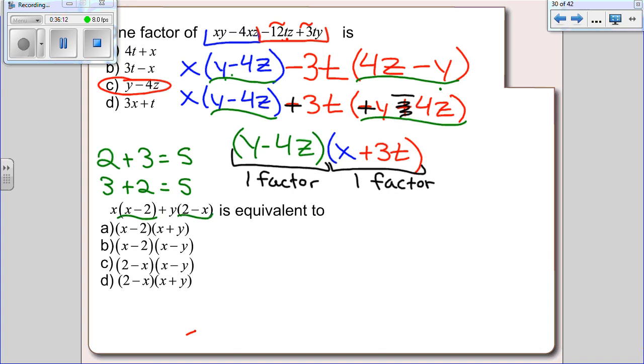So instead of writing it as 2 minus X, I'm going to rewrite the question as X, then X minus 2, and then plus Y, and then negative X plus 2. So the only thing I changed was the ordering inside the second pair of brackets. The reason I changed it was so that both sets of brackets went X and then number. The insides of the brackets are now in the same order. All I did was rearrange the addition.